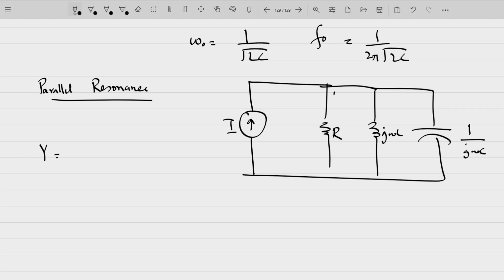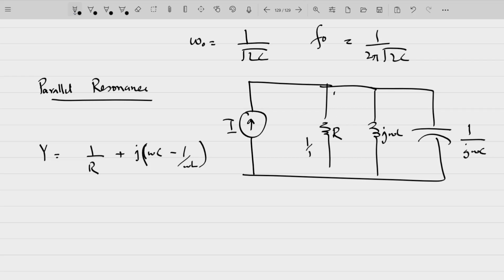We know admittance is 1 by R plus J omega C minus 1 by omega L. ठीक है? Admittance will be simply equal to the summation of conductance and susceptance of the system.